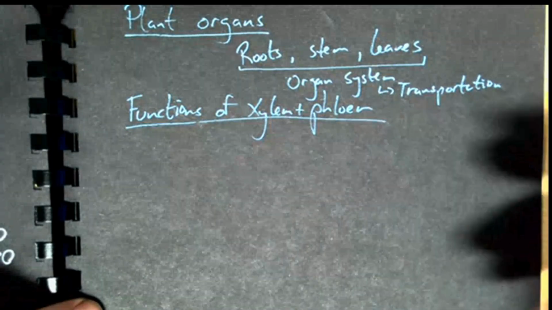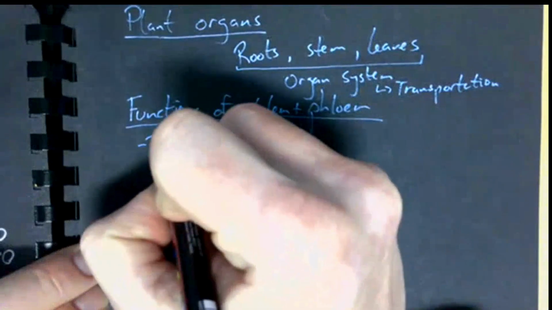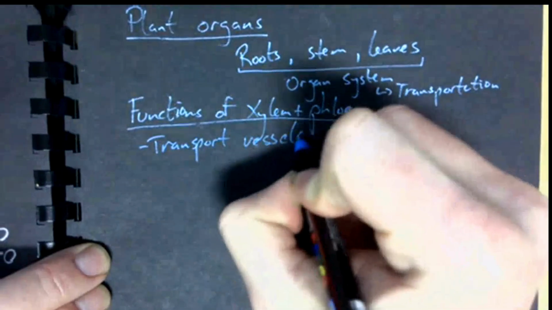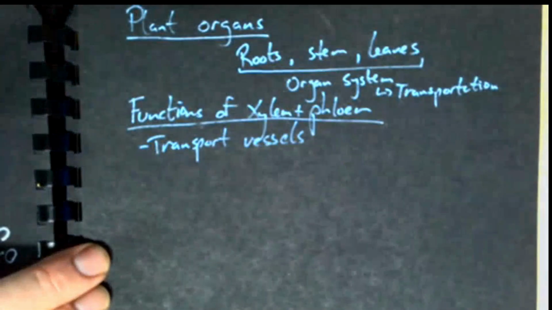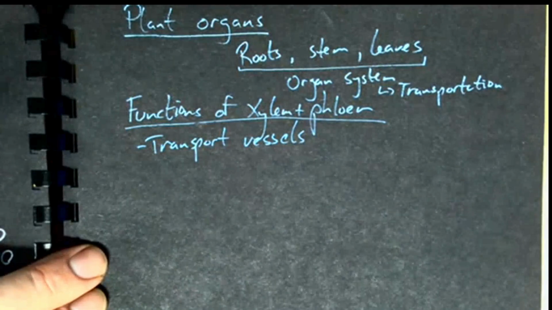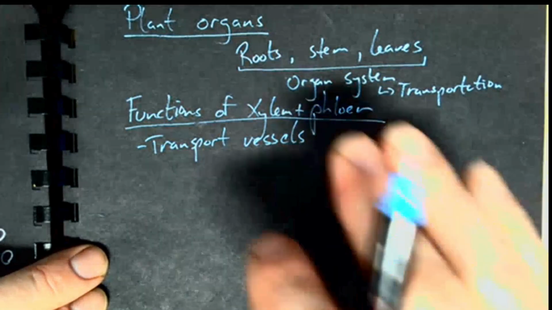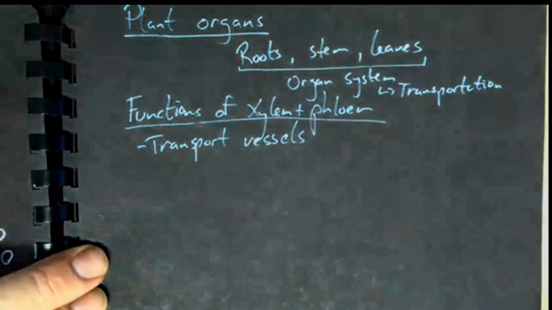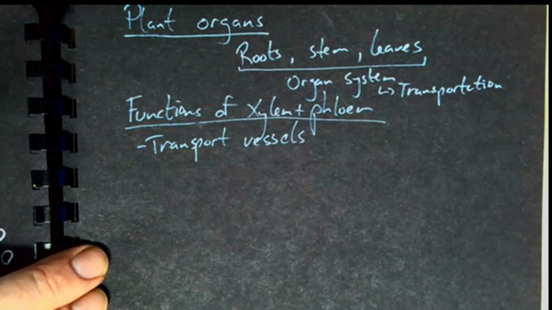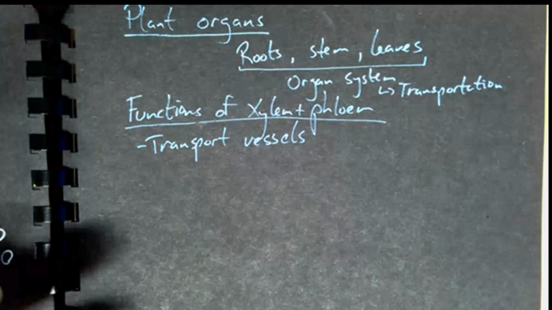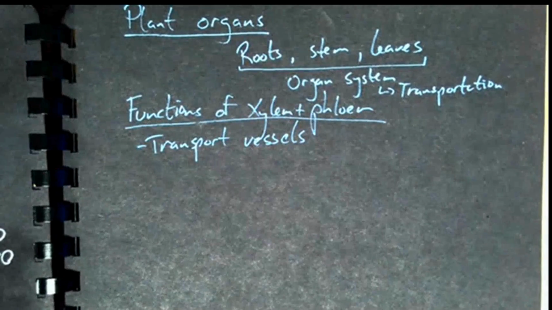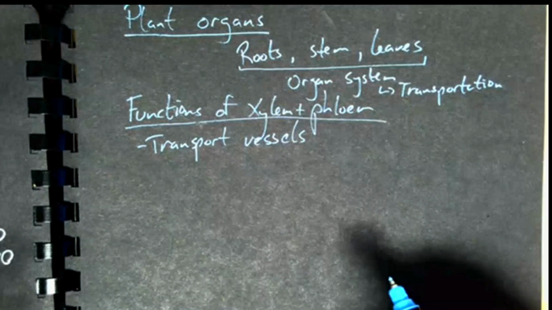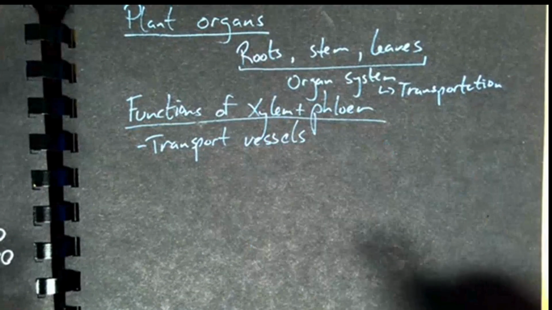So these are our two transport vessels, analogous to your arteries and your veins and your capillaries. However, these two have very distinct, very separate roles, whereas your arteries, capillaries and veins change in shape around your body depending on what their role is. These actually carry different substances around the plant and for different reasons.